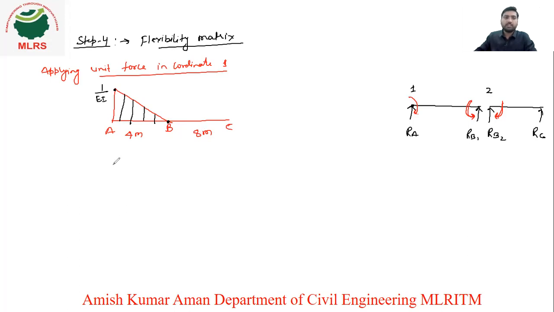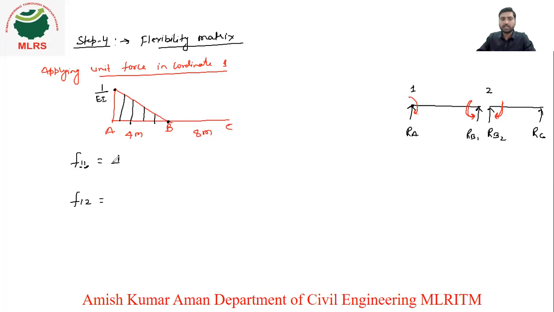So from here we need to calculate F11 and F12. F11 means flexibility at 1 due to rotation at 1 only. We are giving the rotation at 1 and we are calculating the flexibility at 1 only. So in this case, simply calculate the area.